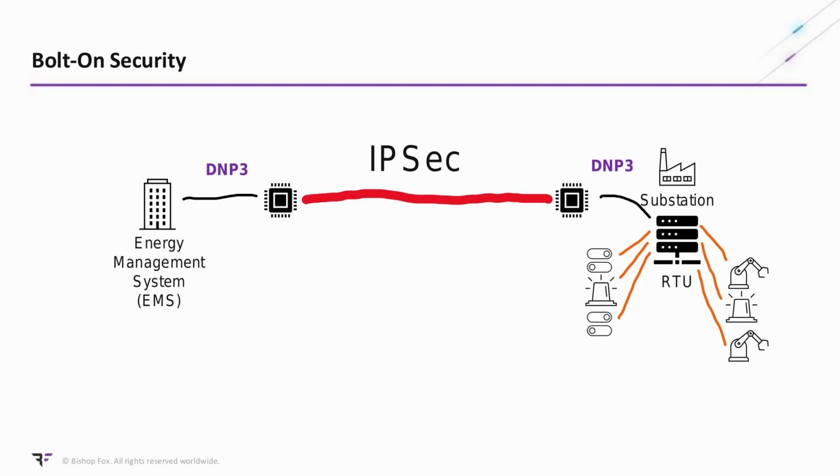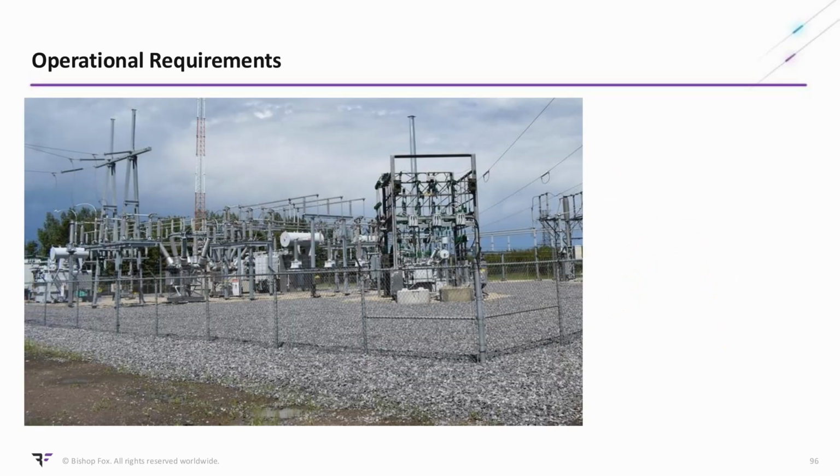They want full visibility into everything, because when power goes down, it's very serious. And so they're hesitant to add extra doodads to the network that might add extra complexity for some vague notion of security that doesn't even offer a full solution. So these IPsec tunnels may or may not even be in place.